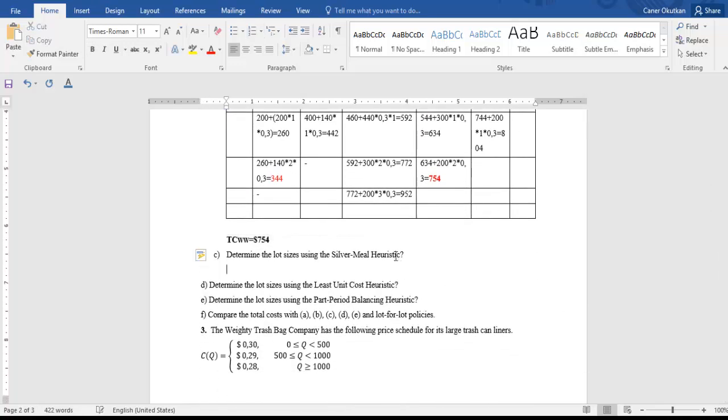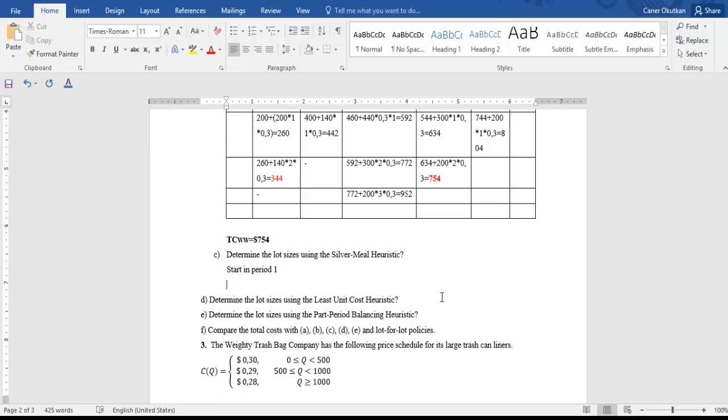So we pass another heuristic, Silver-Meal heuristic. In Silver-Meal heuristic includes starting period 1, cost, we find cost 1, cost 2, cost 3.